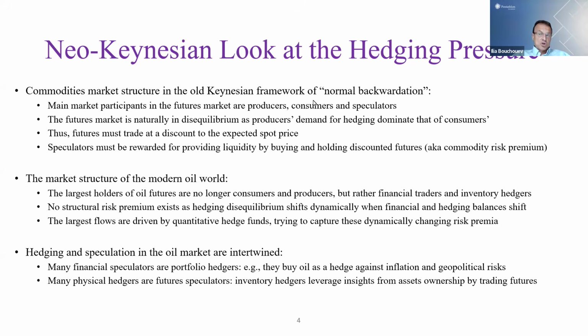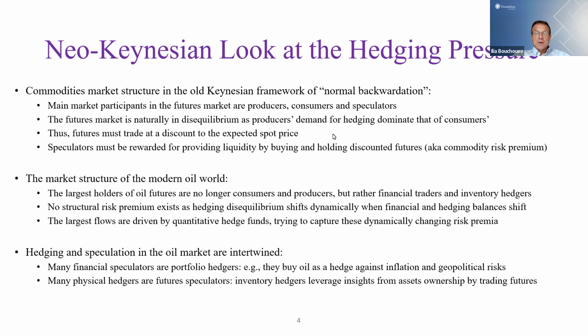Subsequently, in academia, this became known as a commodity risk premium. And that was a big factor in the beginning of the financialization, which I explain in a whole lot more detail in the book. The structure of the modern oil market is drastically different, however.